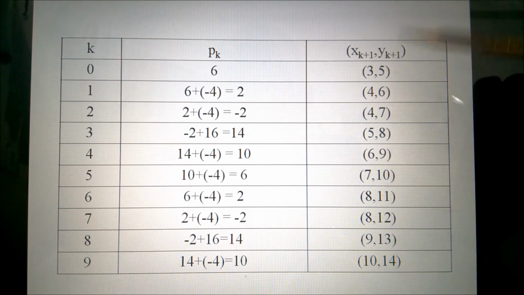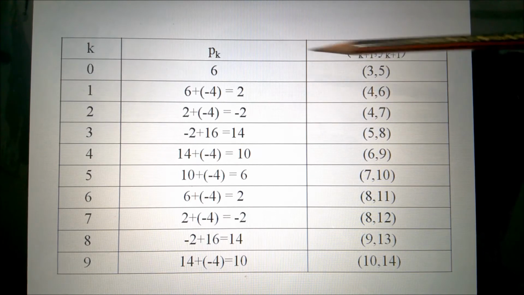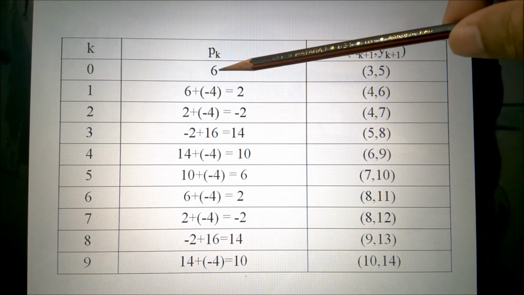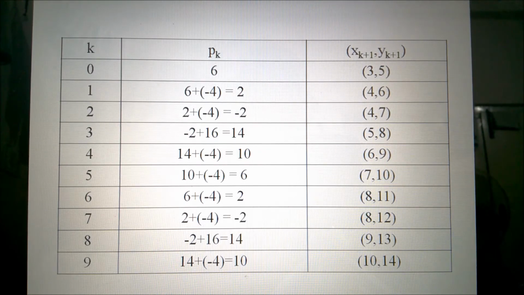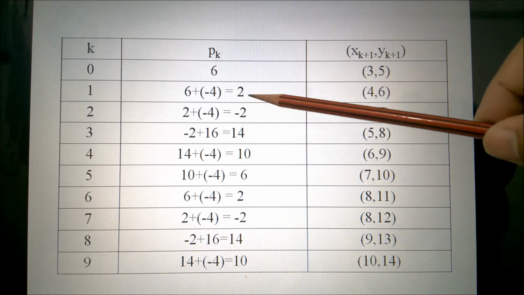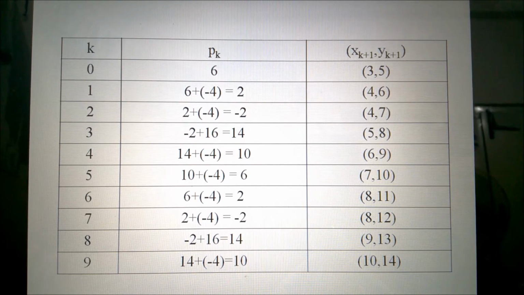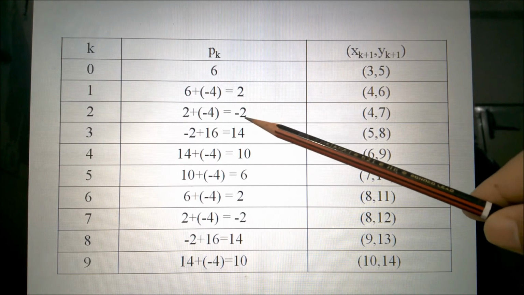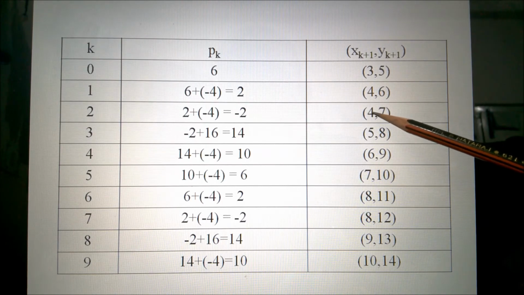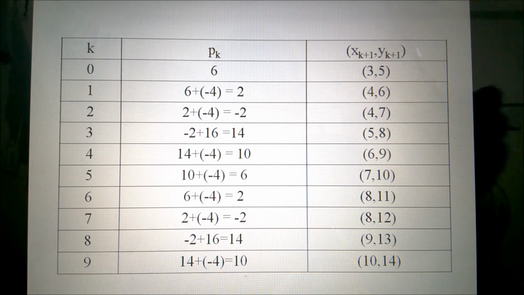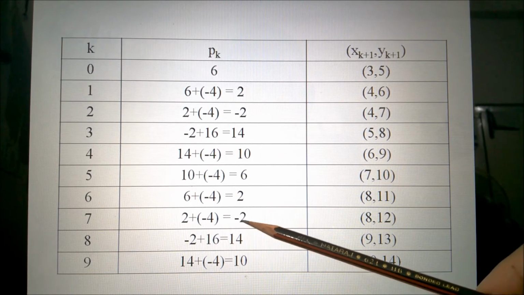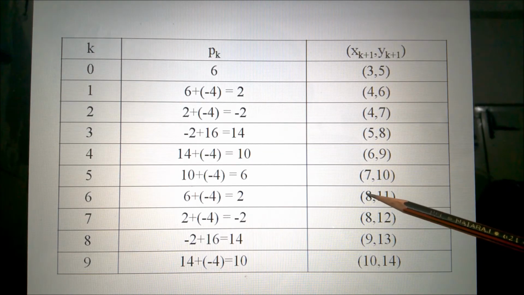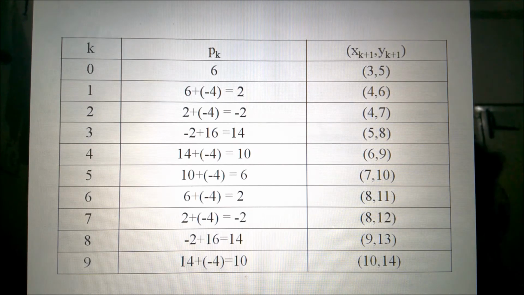In the case of x, since pk is positive, it increments, and next also it is positive, therefore from 3 to 4 it increments. But whenever pk is negative, x remains the same as in the previous case. Here pk is found to be -2, and x remained the same as in the previous step.